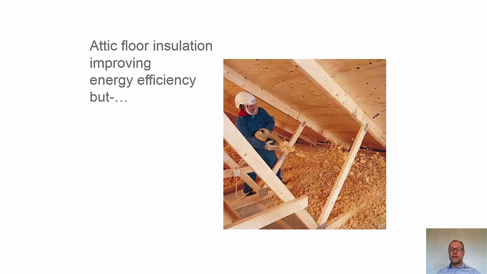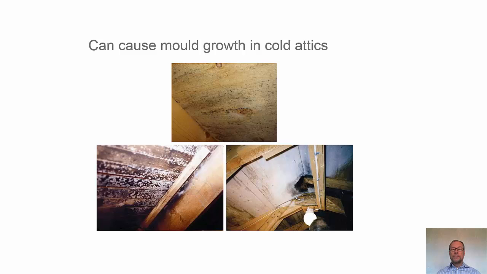This is an example of how insulation can be installed in an attic. It's basically loose fill insulation pumped up from a truck. But we have seen a lot of damages in cold attics. Like here we see mold growth and even rot in some of these pictures.